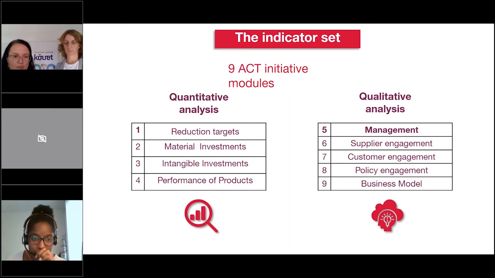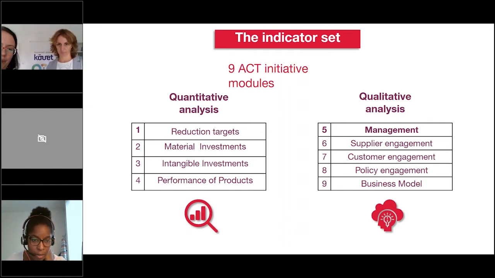And module 5 is the management, which is focused on the company's integration of climate change into its development plans. For example, to manage an expertise in a specific domain or in the establishment of the transition plan.